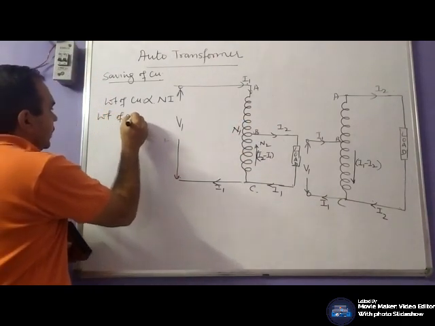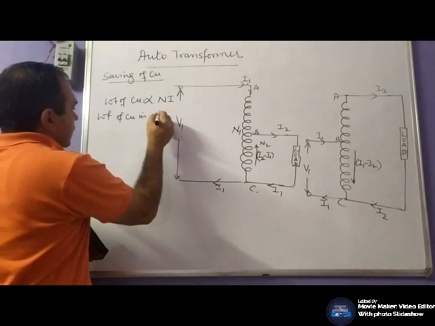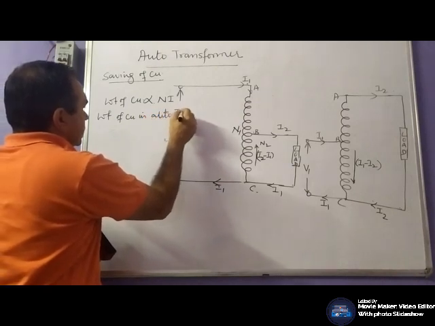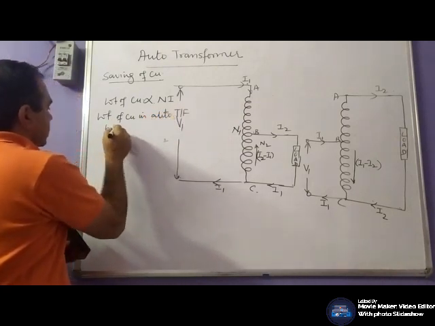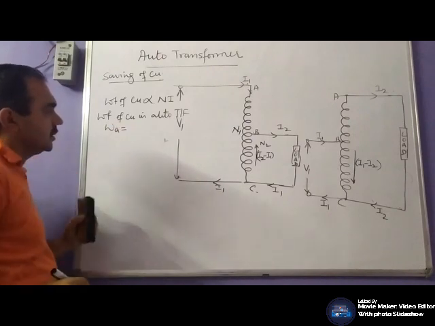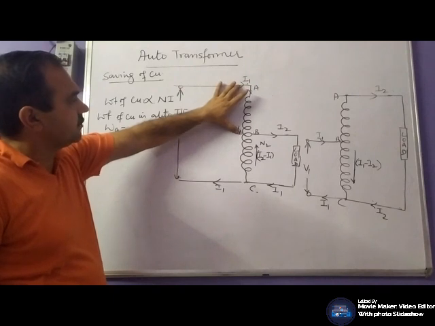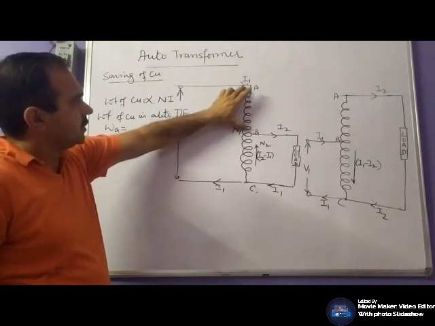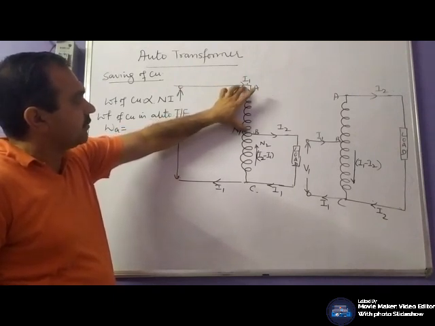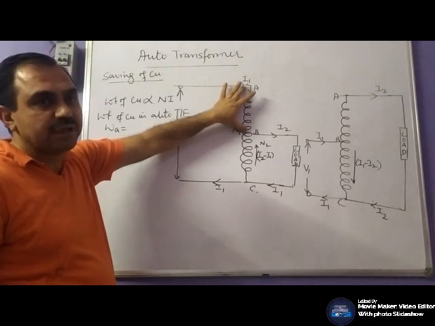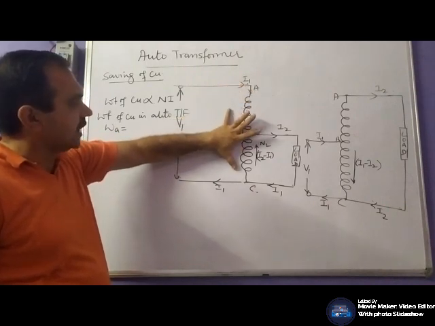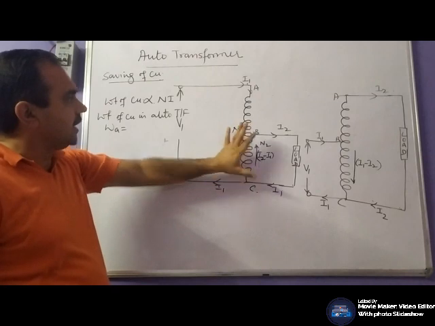Weight of copper in auto transformer will be WA. The weight of this portion AB: the length of this AB, total number of turns are N1 minus N2.